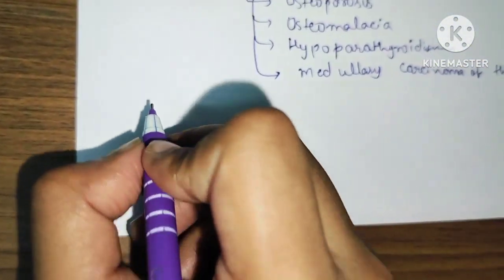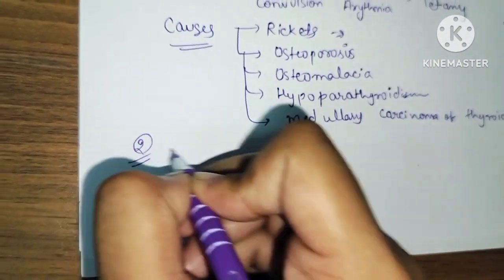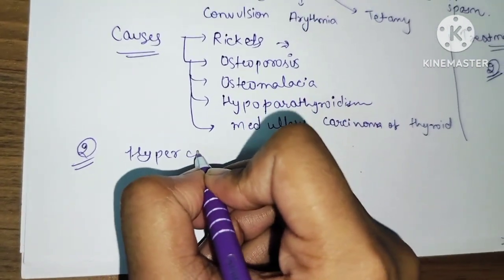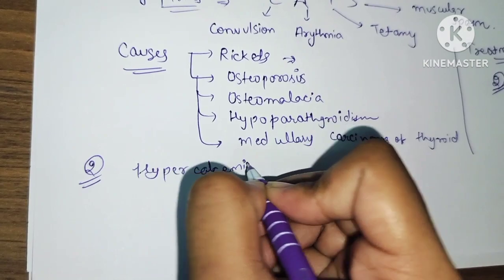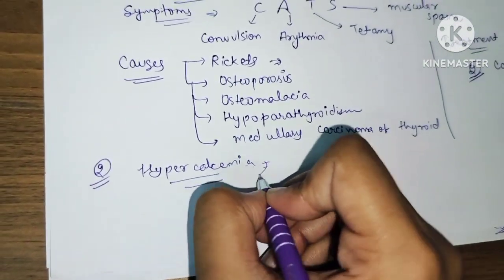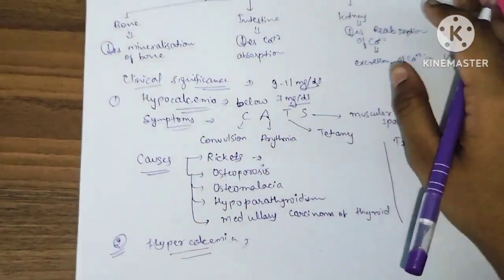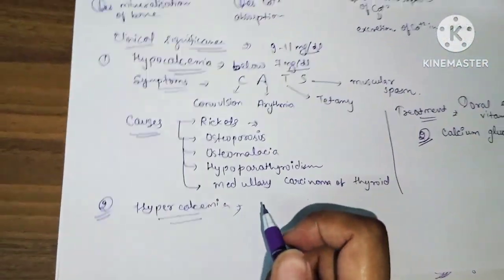Now, let's discuss hypercalcemia. An increase of the serum calcium level beyond the normal range can lead to hypercalcemia.